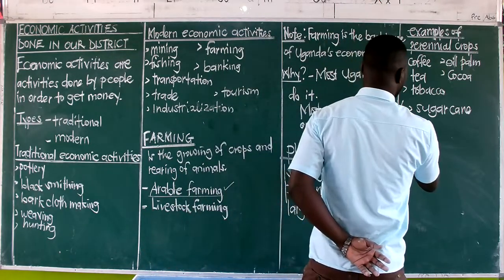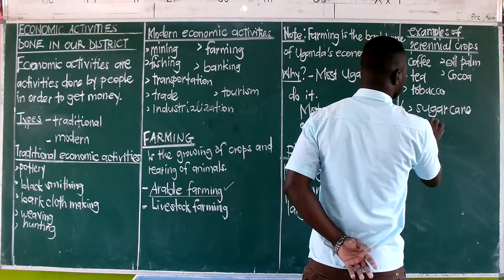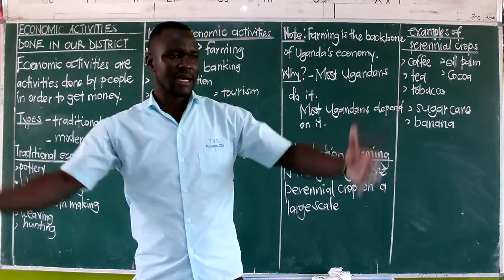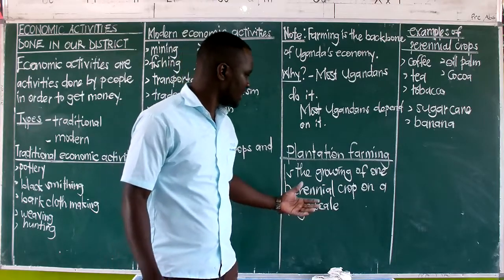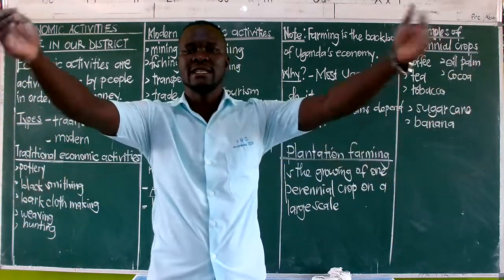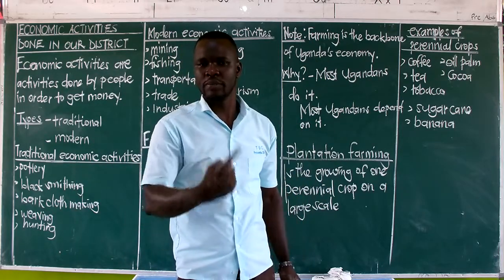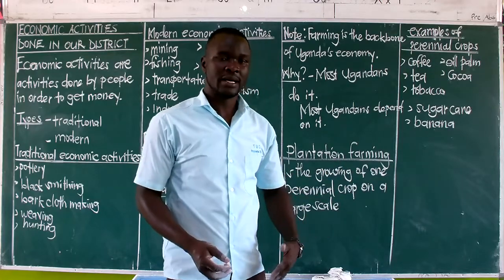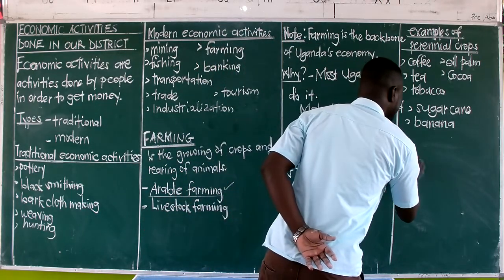The same applies to crops like bananas. In the garden, you can have a garden of bananas. What I want you to note is that that large piece of land where this one crop is grown is what we call a plantation farm. We can also call it an estate.